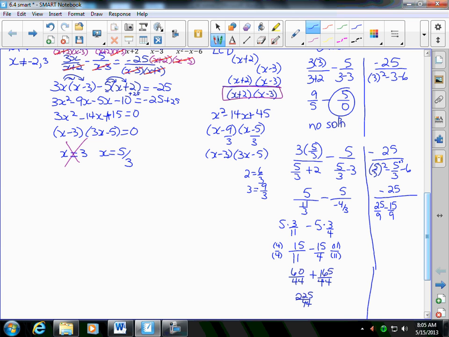Negative 6 with a denominator of 9, if I multiply that by 9, will be a negative 54. So I have negative 25 over 25 minus 15 is negative 40 minus 54.